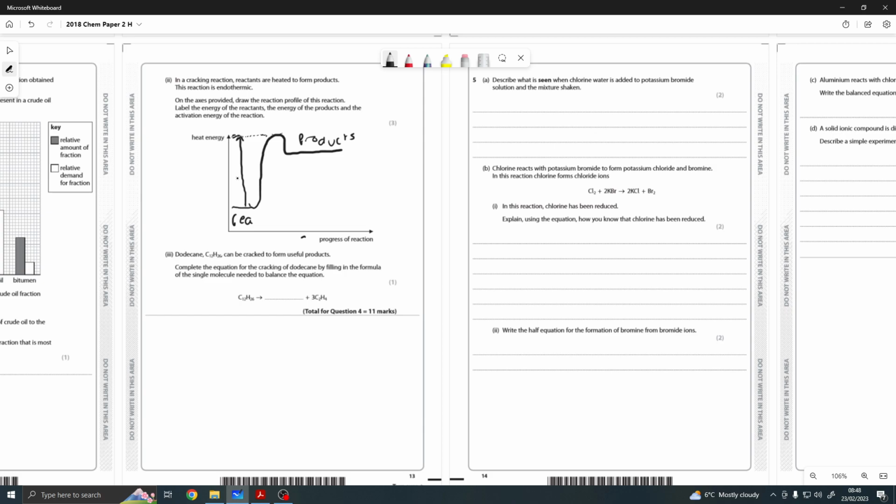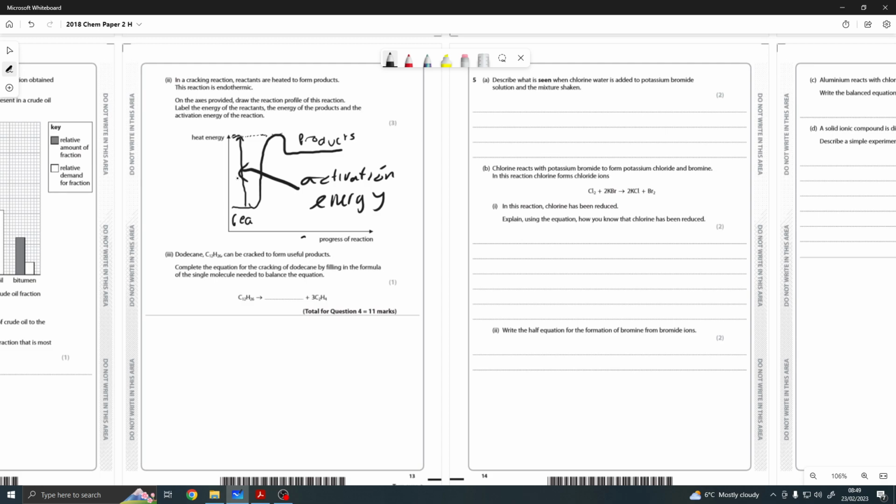It shows understanding, which is important. And then don't forget to label it as activation energy. So there we go. A lot easier to do by hand, I'll be honest with you.